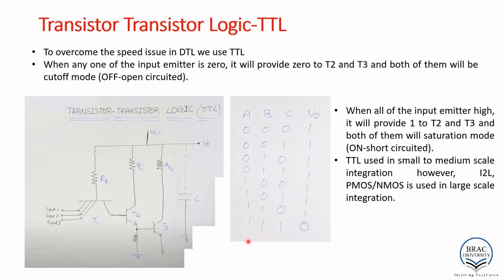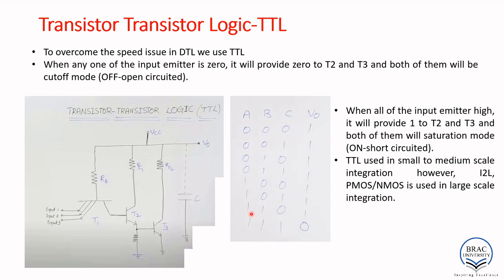Now consider if all of them are high, A, B and C. If A, B and C are high, then T2 and T3 both will get 1. So they will be in saturated mode, which means this one is short circuited, this one is short circuited. If T2 is short circuited, that means V0 is connected to ground. So then we are getting output at 0.